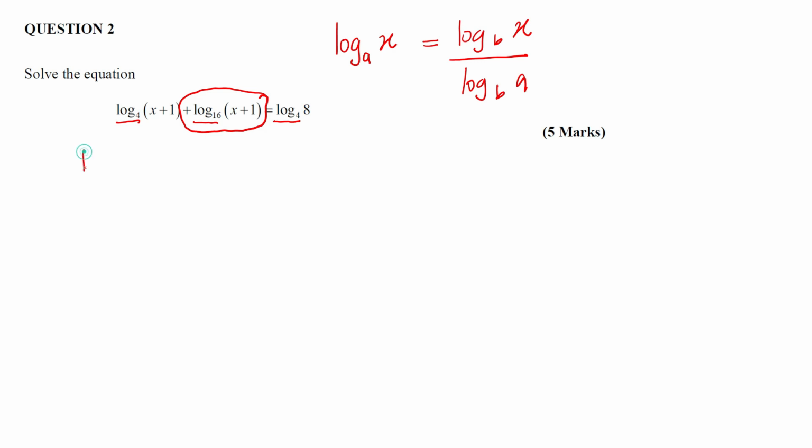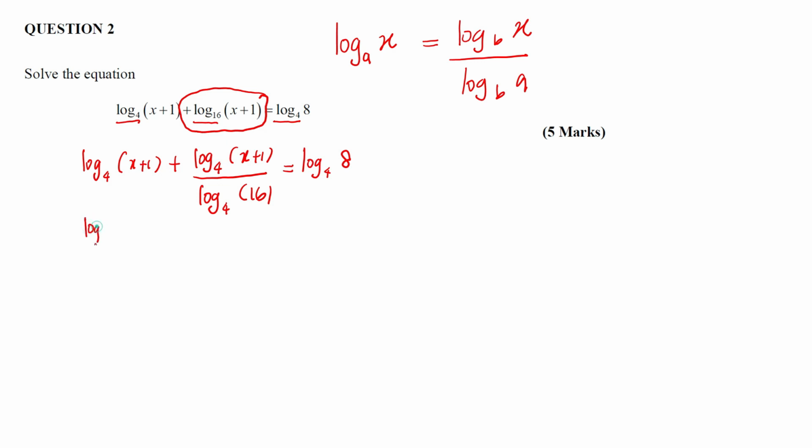So for this question, we have log 4 (x plus 1) plus log 4 (x plus 1) divided by log 4 16, equal to log 4 8. The function first and then the base as the denominator. So we can simplify log 4 16. So how to get 16? 16 is 4 squared, isn't it?